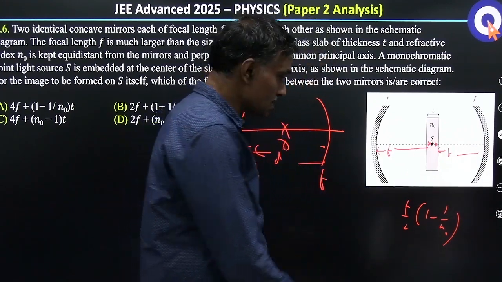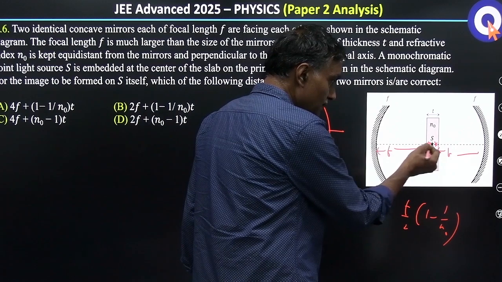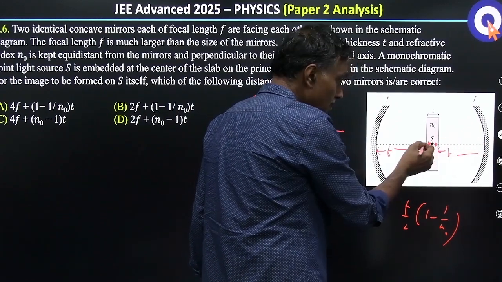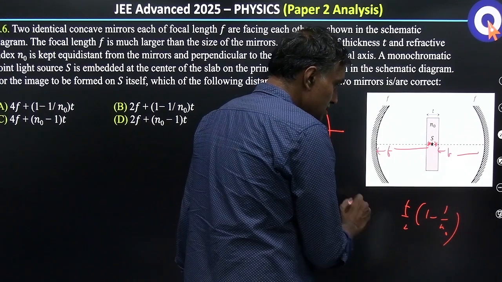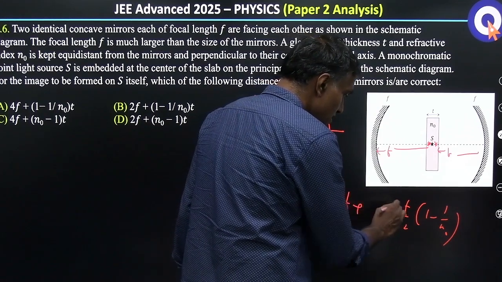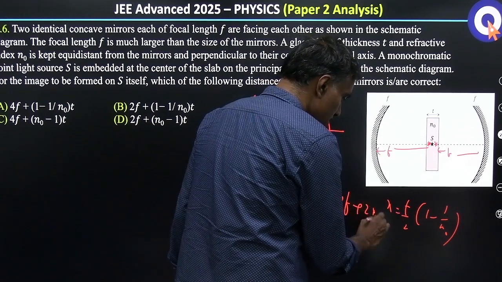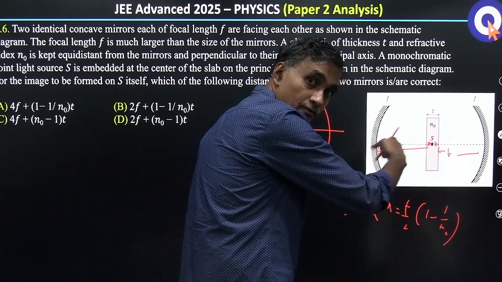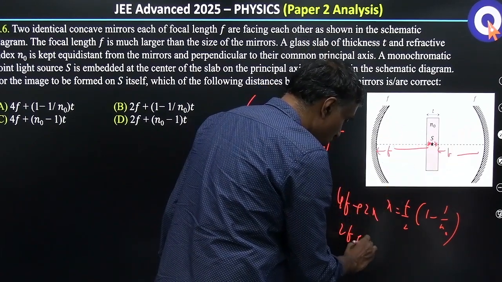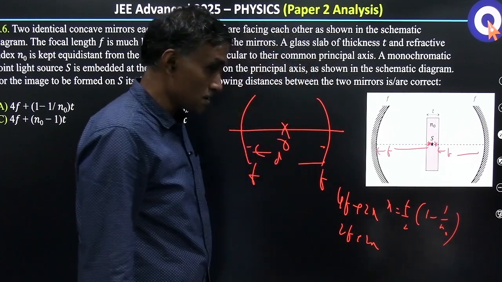So one answer is this can be focus of this and this is focus of that, or this can be center of curvature of this and that is also center of curvature of that. Then distance will be 4f plus, if this is x, 2x. Other case, if these two are foci of those two mirrors, then it will be 2f plus 2x. So these two are the possible answers, okay.